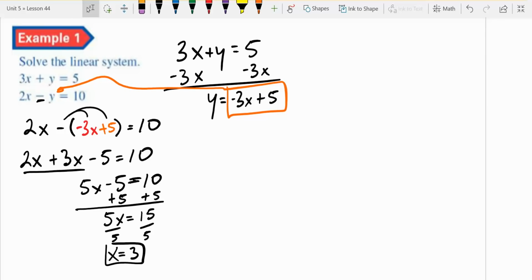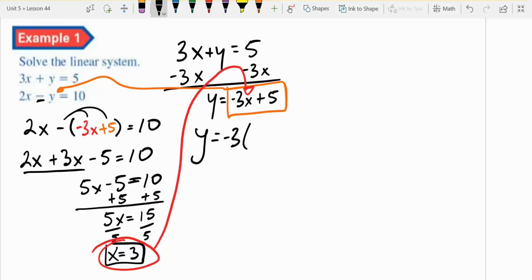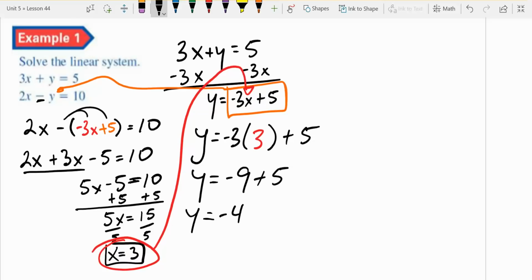Now we're going to substitute this value of x in for x here, and we're going to get y equals negative 3 times x plus 5. We substitute in our value of x, which was 3, and y equals negative 9 plus 5. So y equals negative 4. So that's the point 3, negative 4.